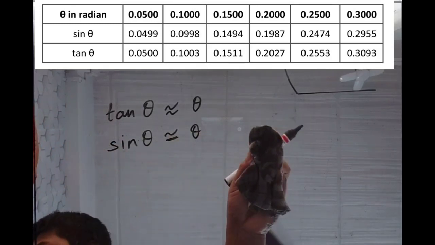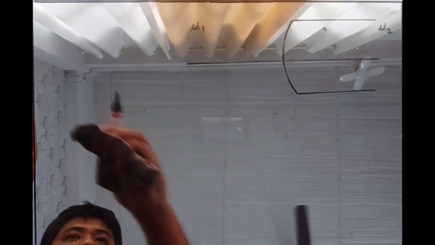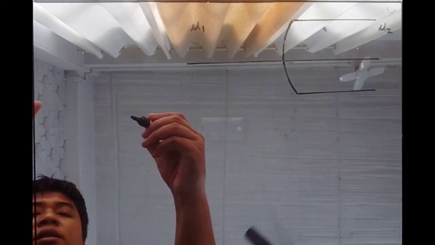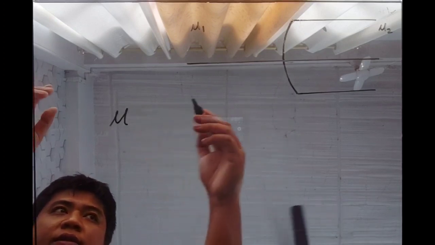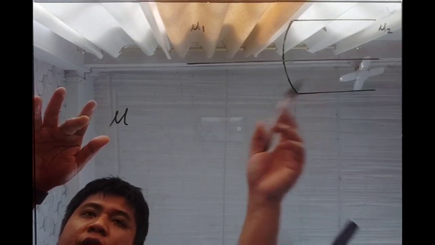And what else? Snell's law. As you learned in class 10, Snell's law gives the refractive index of the denser medium. Suppose mu2 is the denser medium.